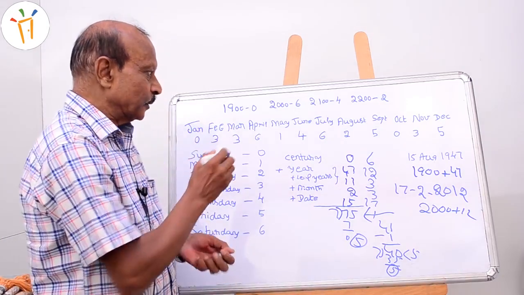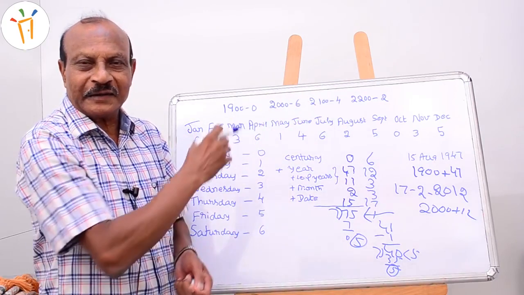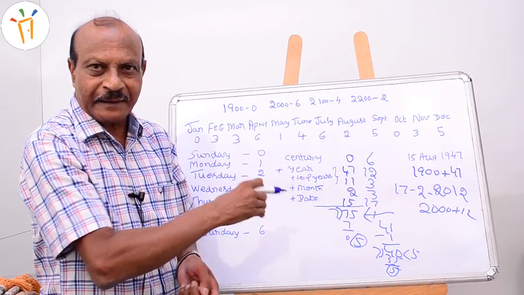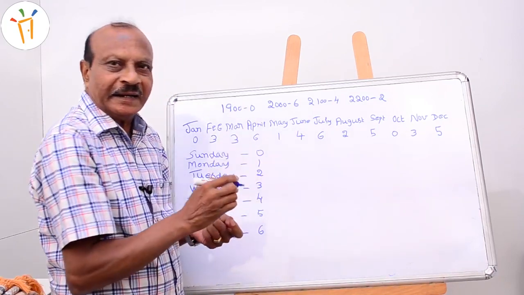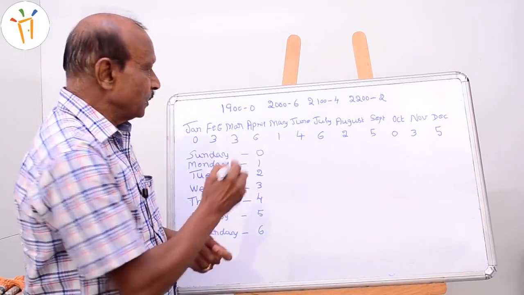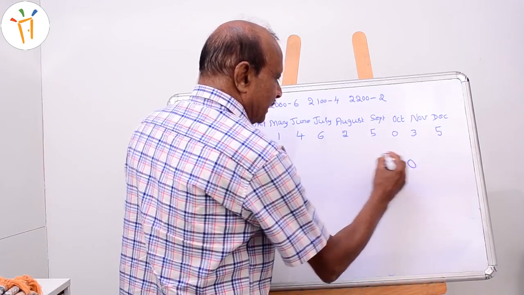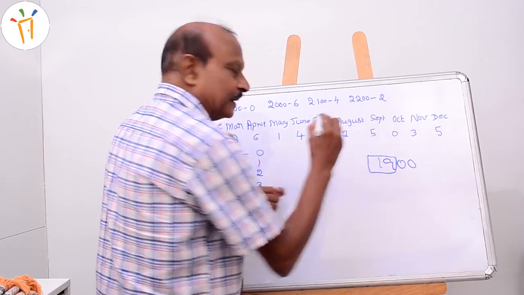Now I will explain how these code numbers have come. This is very important, how you have to calculate the code number. You see, for 1900, I have given the code number 0. How has it come? 1900, we call this century, that is 19.